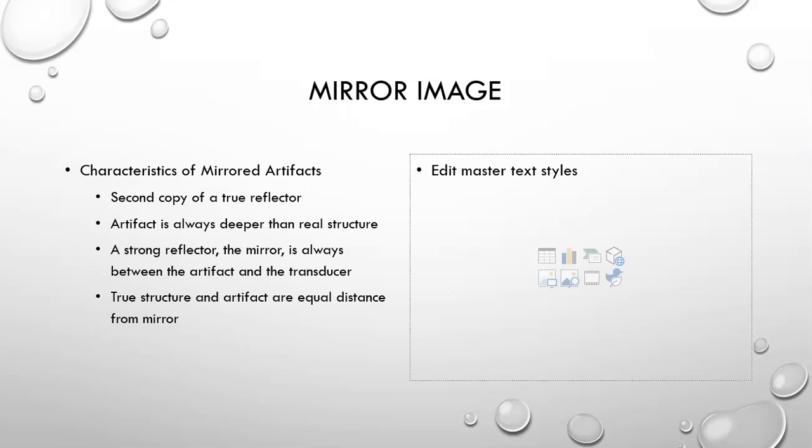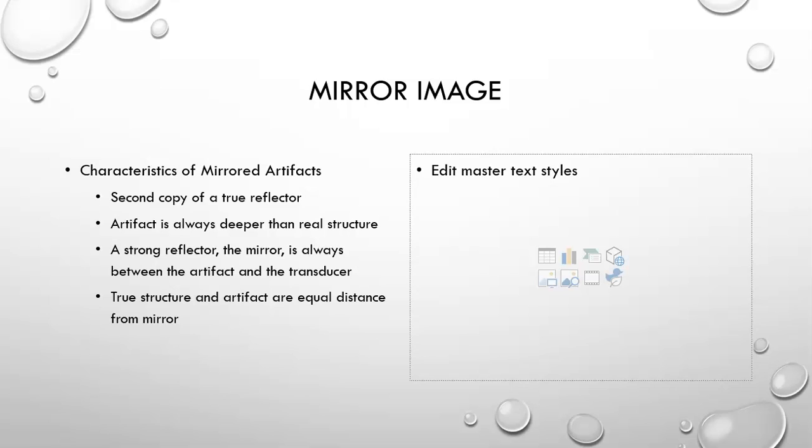So the characteristics of a mirror artifact are that it's a second copy of a true reflector, and often we can see that true reflector on the same image, but sometimes not. The artifact is always deeper than the real structure, and there's always a strong reflector between the artifact and the transducer.